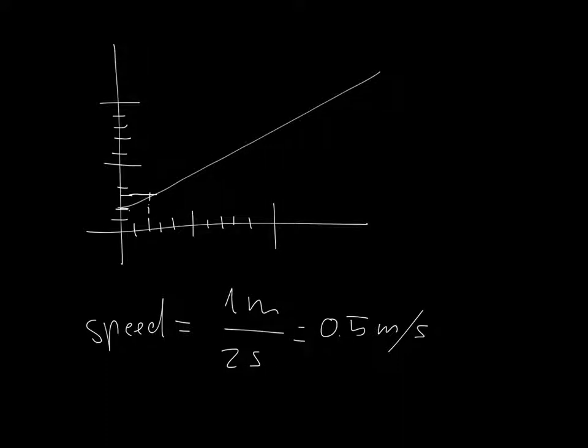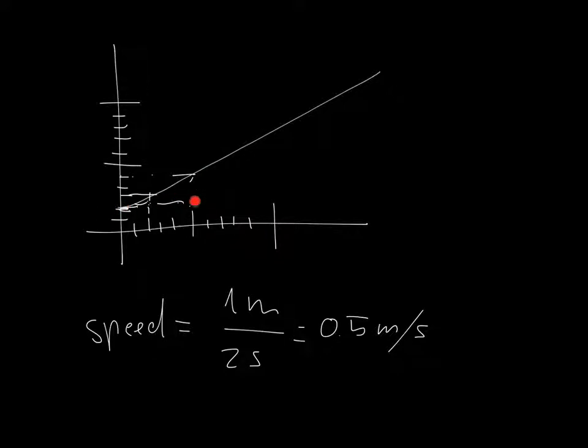So for example, I could say, okay, how much did the guy move in 5 seconds? And if I've done things correctly, he should have moved around 2.5 meters. So let me see. And I make this point here, and indeed, this space here is 2.5 meters. This here is 5. So the speed would be 2.5 over 5, which is equal to 0.5 meters per second.